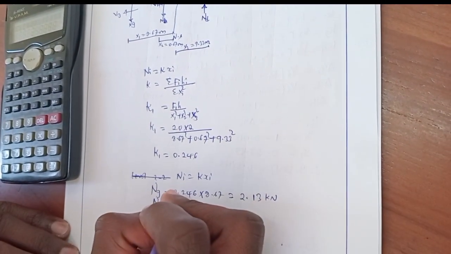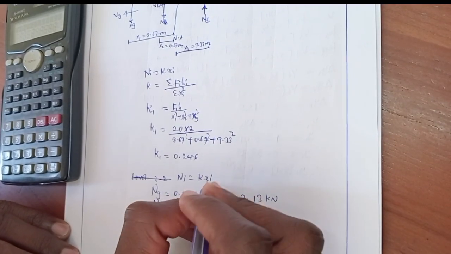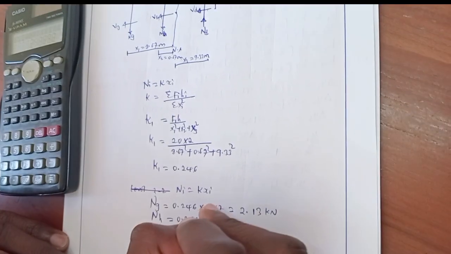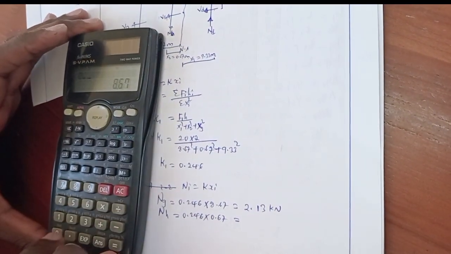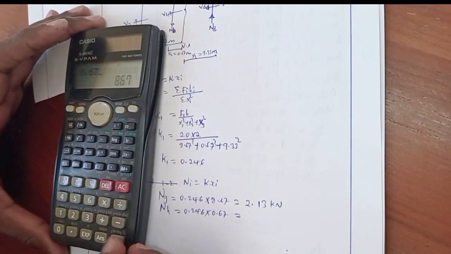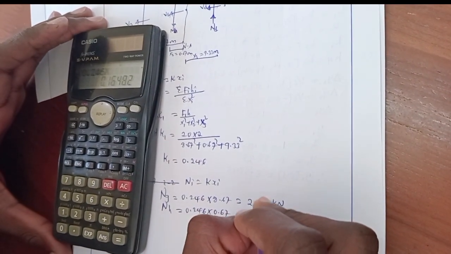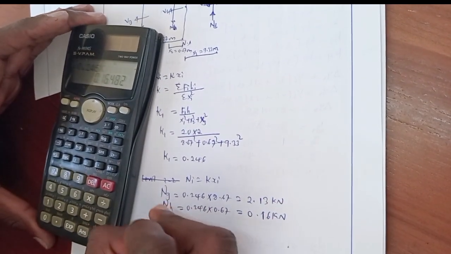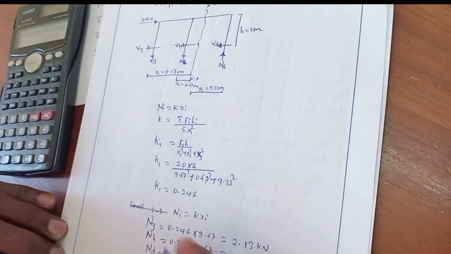NH will be K times x2, 0.246 times 0.67. It will be 0.16 kilonewton. ND, since it is in the opposite direction, will be negative.